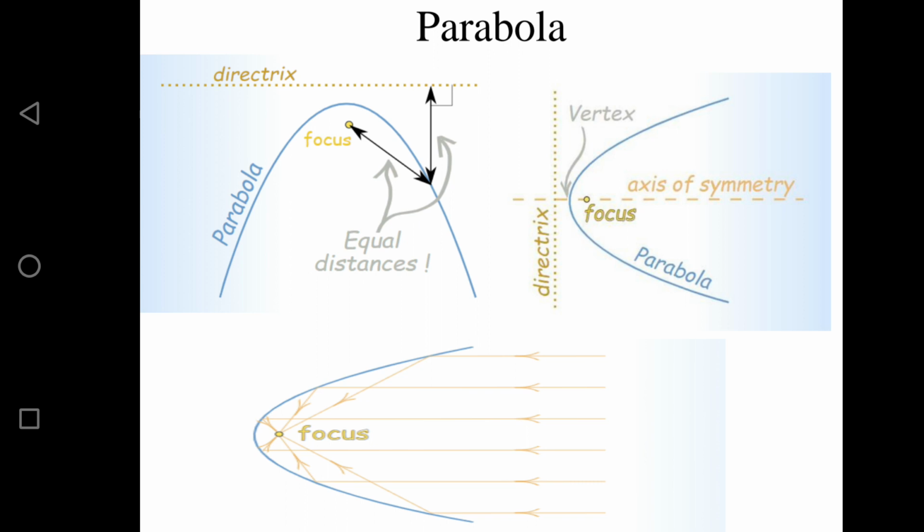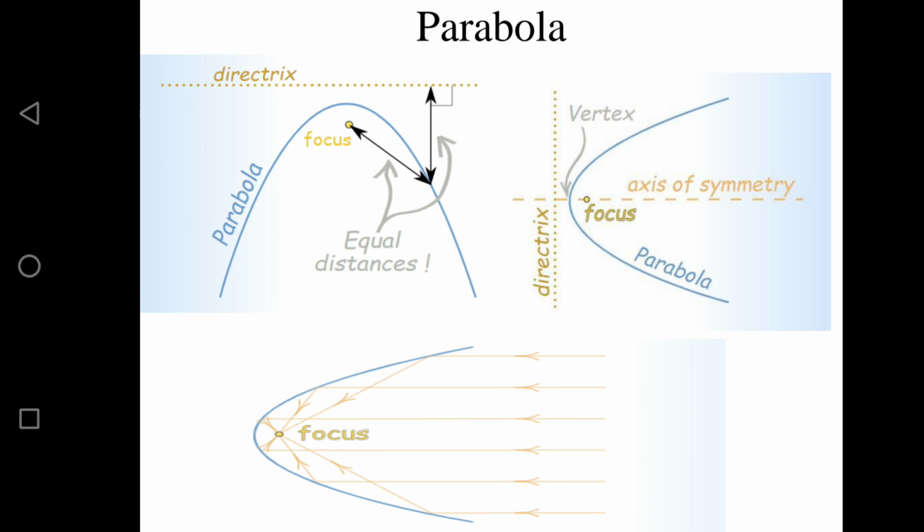So the definition of a parabola: it is a curve where any point is at an equal distance from a fixed point, called the focus, and a fixed straight line, the directrix. If I have a parabolic structure with a focus and a directrix, consider any point on the parabola.